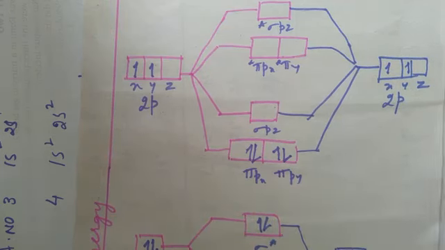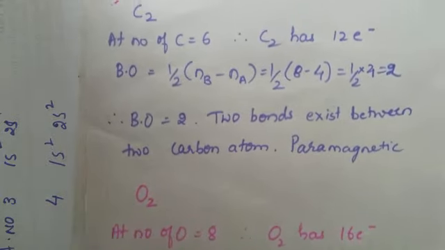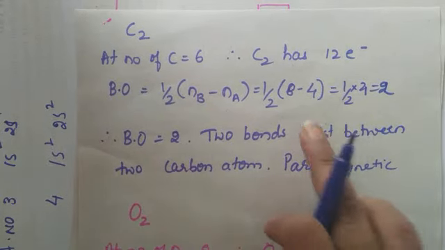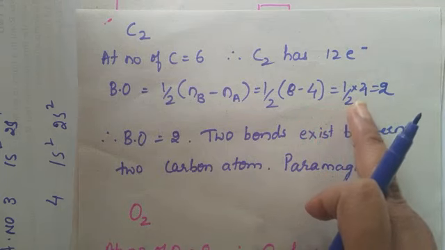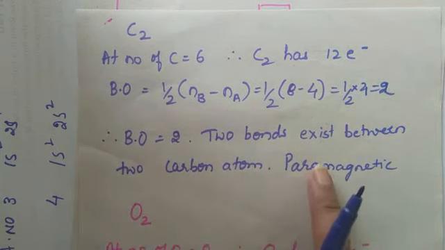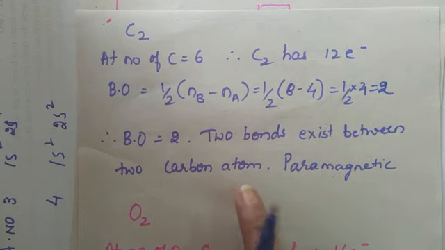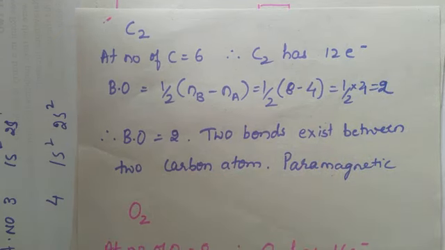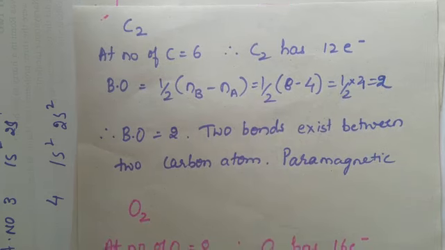So altogether there will be 8 electrons. So 8 minus antibonding 4, so half into 4 is equal to 2. Therefore bond order is 2. 2 bonds exist between 2 carbon atoms. Hence it is paramagnetic in nature.